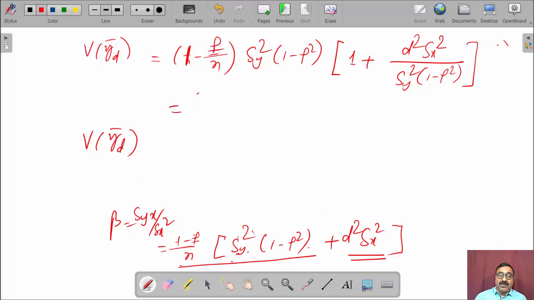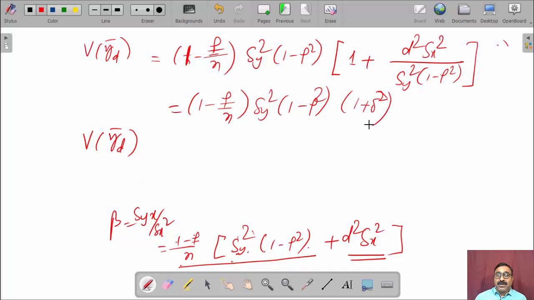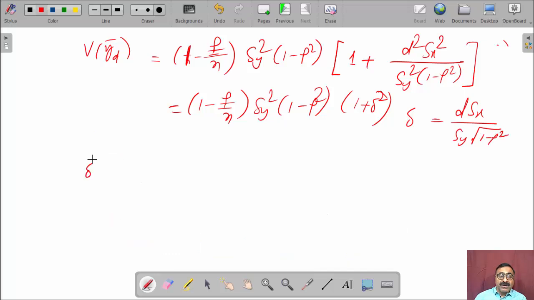So that is equal to (1 − f)/n sy²(1 − ρ²) into (1 + δ²), where δ equal to d sx by sy, root over of 1 minus ρ².